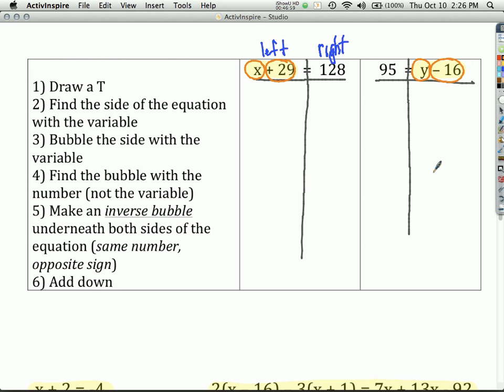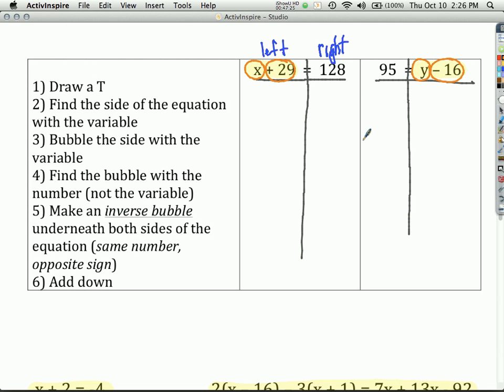Step 4, find the bubble with the number. So let's look at this equation. Which bubble has the number? Danae? Plus 29. Good. But I like that you said the plus 29. That's actually an important part. The positive 29. What about this equation over here? What's the number with the bubble? Briante?